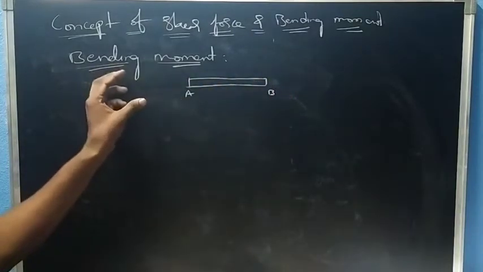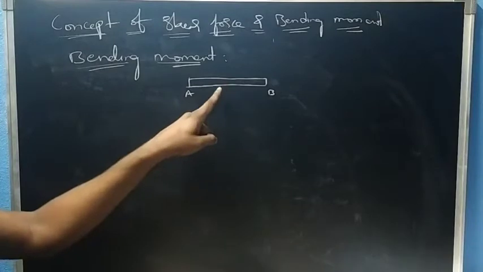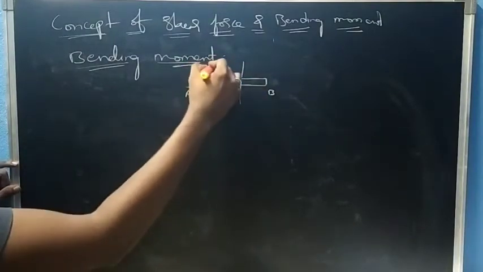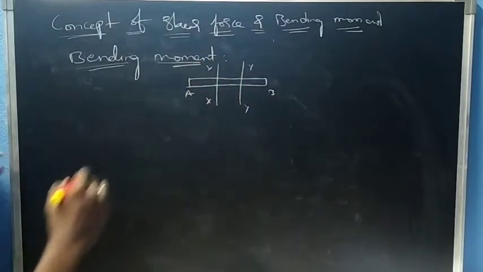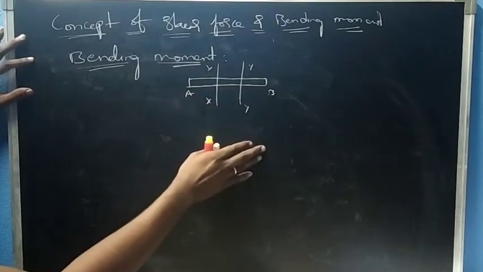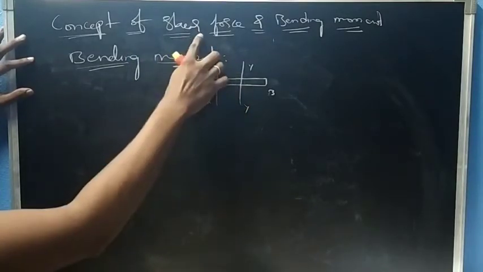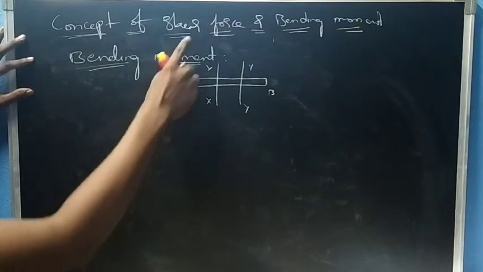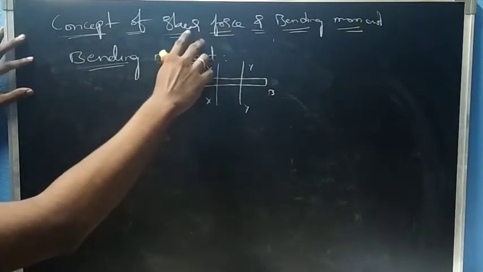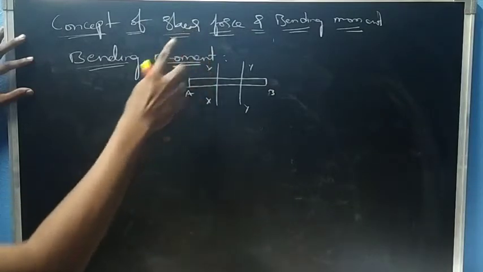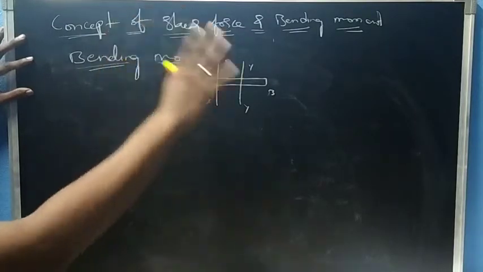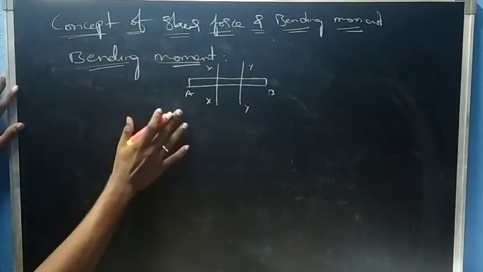So bending moment at any cross section, any section of a beam is defined as the algebraic sum of moments of all the loads. So in shear force, it is defined as the algebraic sum of forces. In bending moment, it is the algebraic sum of moments of all the loads, right?